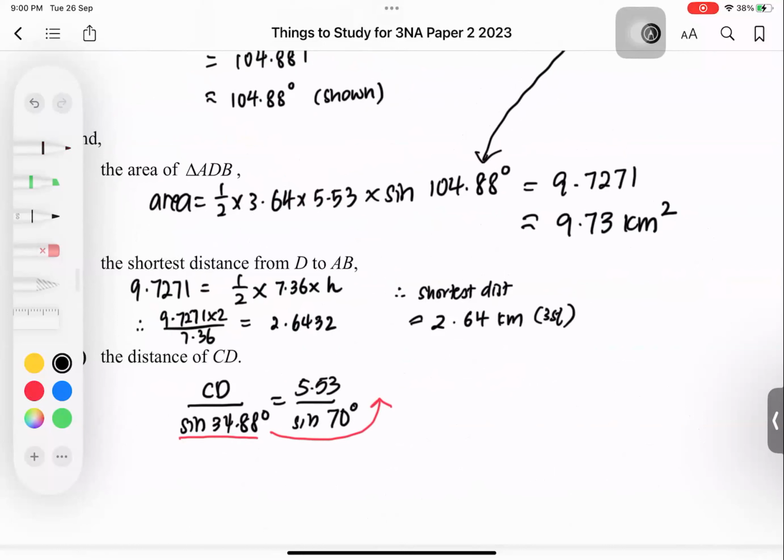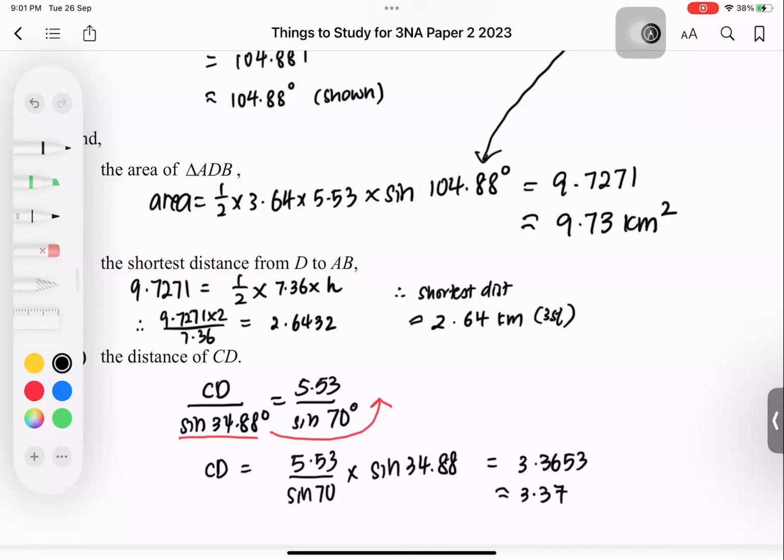Then I don't need to find an angle, so it's just CD equals 5.53 over sine 70 times sine 34.88. Then press the calculator to get my answer. Remember to close your brackets, okay? So I get 3.36537 kilometers.